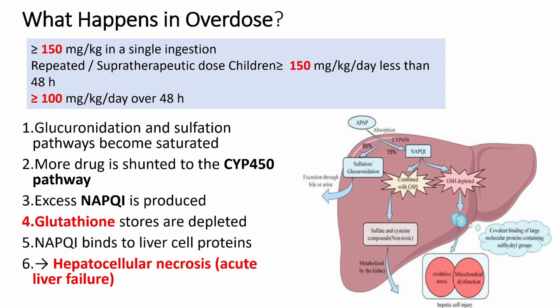The toxic paracetamol dose is 150 mg/kg as a single ingestion. For multiple therapeutic doses, it is 150 mg/kg if less than 48 hours, and 100 mg/kg if more than 48 hours.